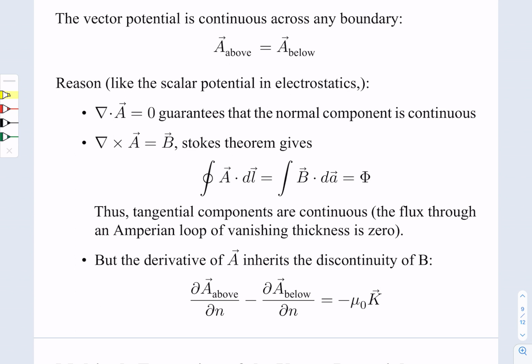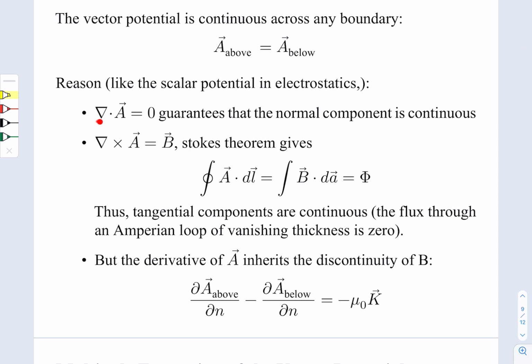And to get it, we can simply work out the expression by applying the Gaussian pillbox surface.